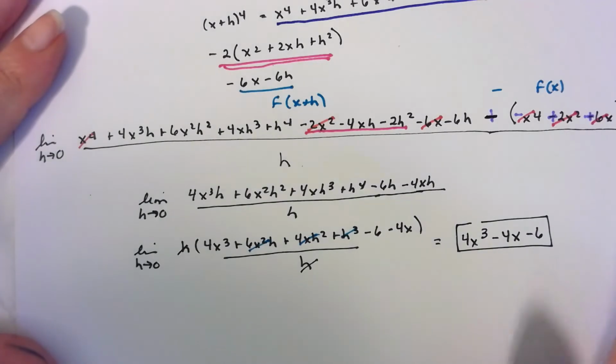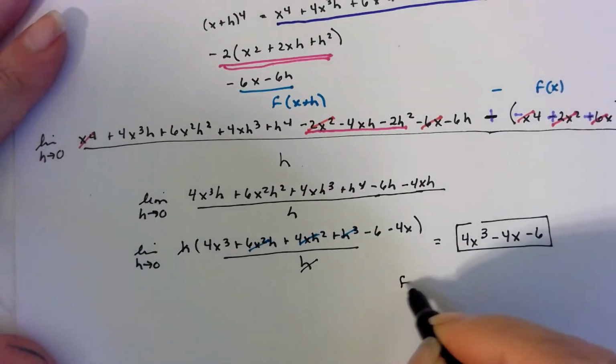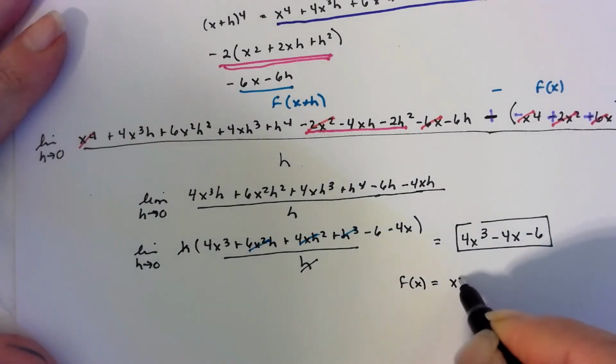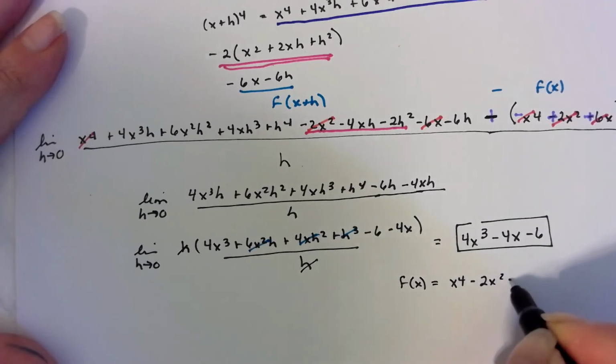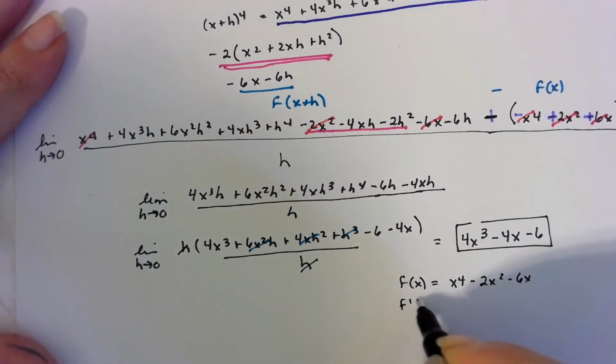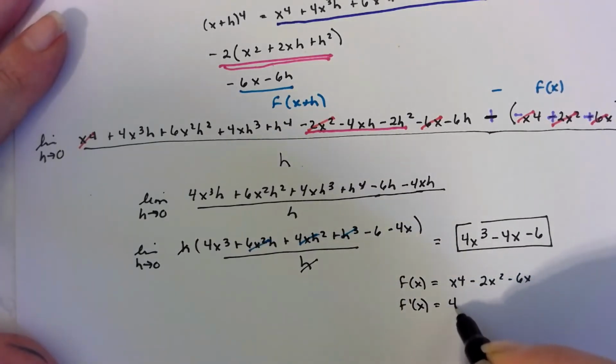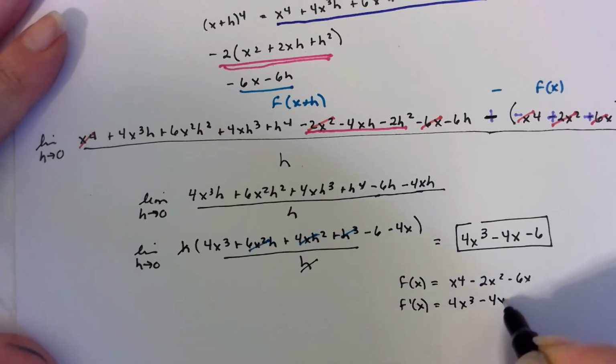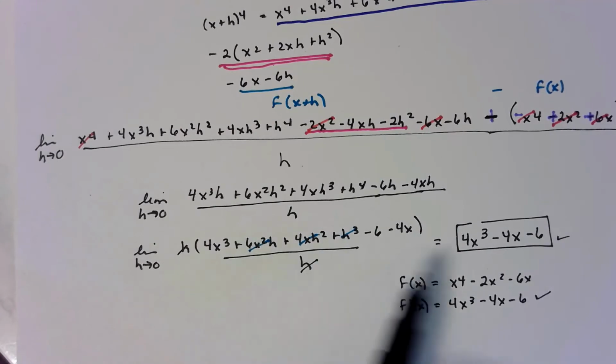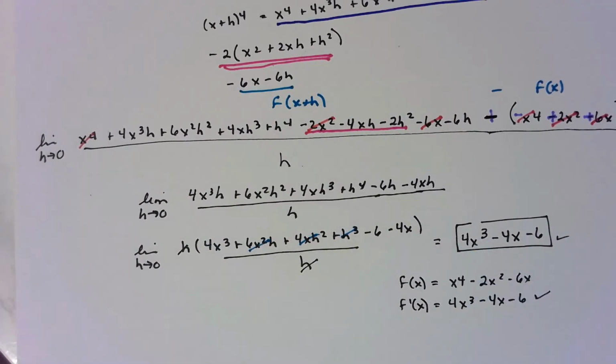Now those of you who know the power rule, remember the original function was x to the fourth minus 2x squared minus 6x. If we were to use the power rule and take that derivative, we'd have 4x cubed minus 4x minus 6. So a lot of work to get to this, but you can verify using your power rule.